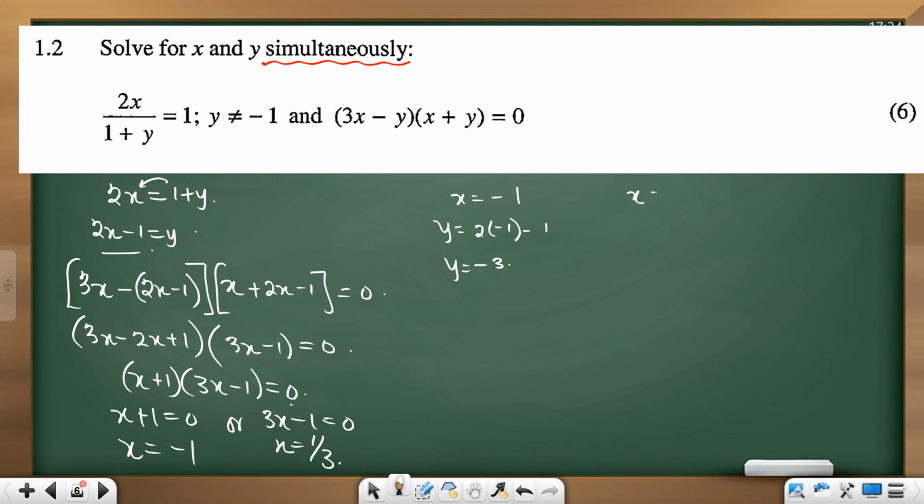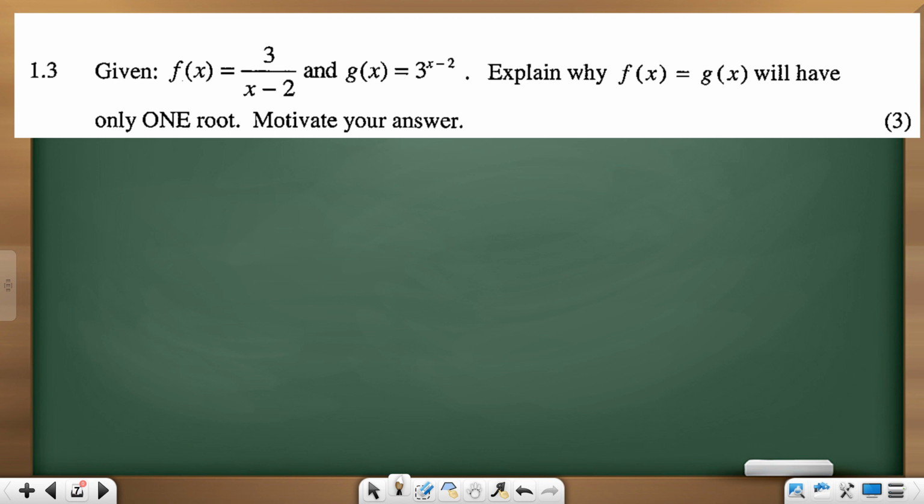And then when x equals 1 over 3, y equals 2 into brackets. I know you can all do this. 2 over 3 minus 1. Negative 1 over 3. We can all do all of this. The main idea was how to interpret that first part. Nothing hectic. Right?